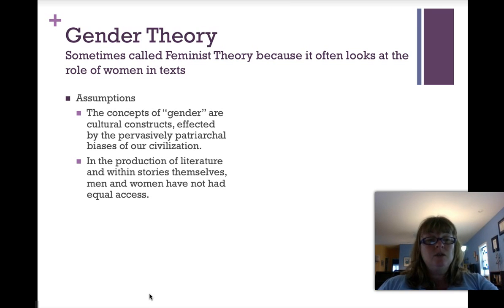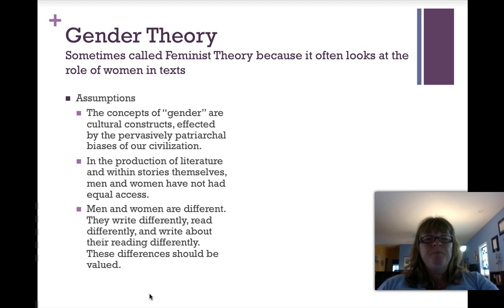Back in the 1800s, women often had to go under male pen names, for example. But men have always been able to express themselves. Also, what women were able to express and what not. And then how does that play out in the stories themselves? What do women not have access to that men do have access to, etc.?